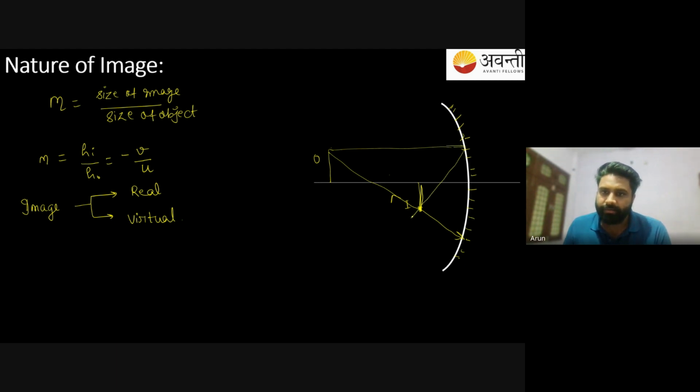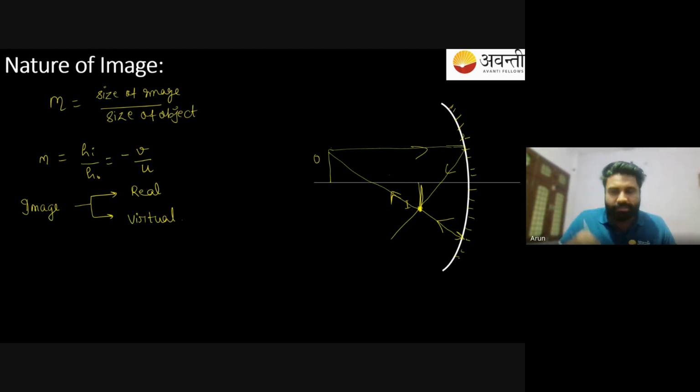So when the rays actually meet after reflection, the image formed will be real. But not in every situation are you going to draw the ray diagram of the question.